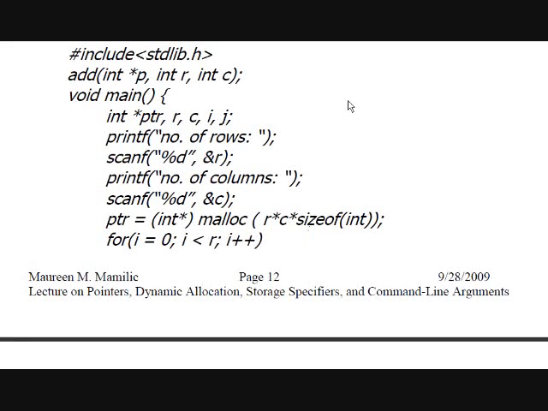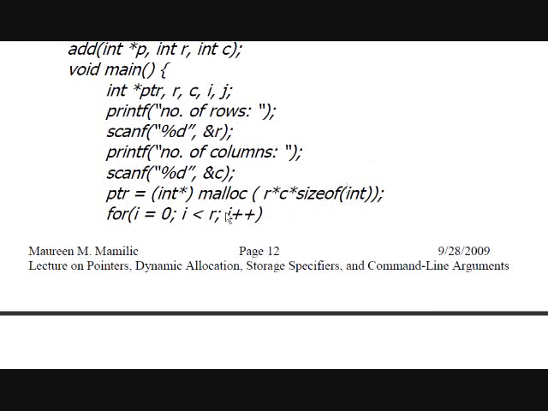So basically what you will have is 6 cells of 2 bytes each. Okay, the first 3 cells will hold the elements in the first row, and the next 3 cells will hold the elements in the second row. Okay, and again, do not forget to cast it. So the address of the memory that is allocated from the heap will be stored in your pointer variable PTR.